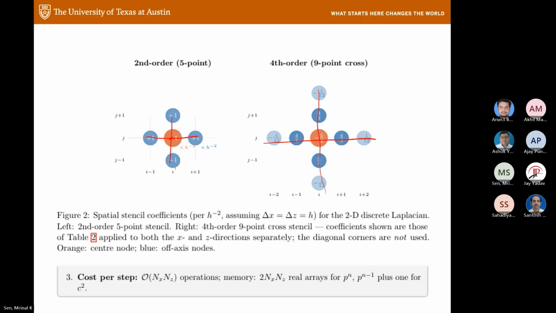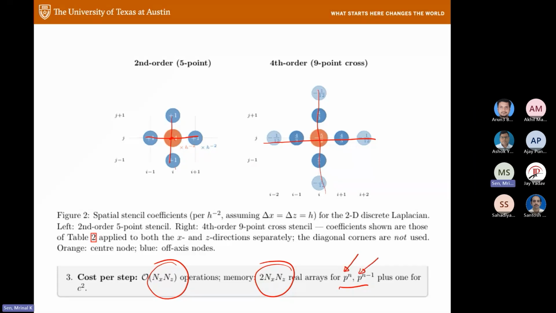Okay. So here, your cost per step is of the order of nx times nz operations, and the memory is 2 times nx times nz, that is the Pn and Pn minus 1. So here, at any time in memory, you have to have two snapshots for the current time and the past time.